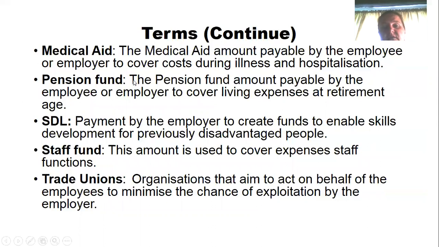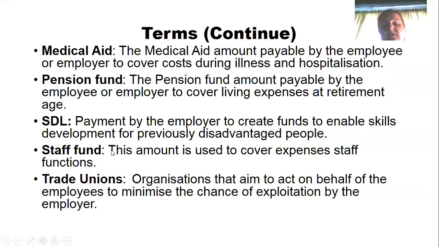Pension fund is an organization that sets money aside for a person when they reach retirement age. SDL is a fund created by the state that the employers pay themselves. And this fund is then used to reskill previously disadvantaged people.